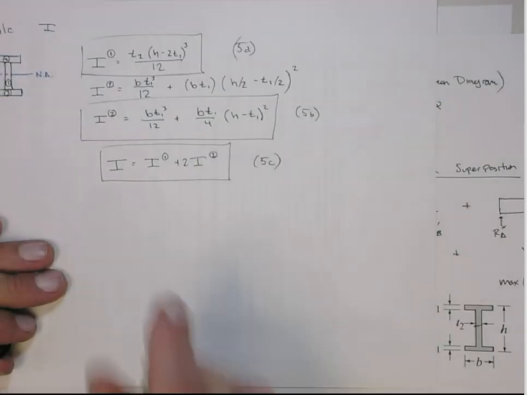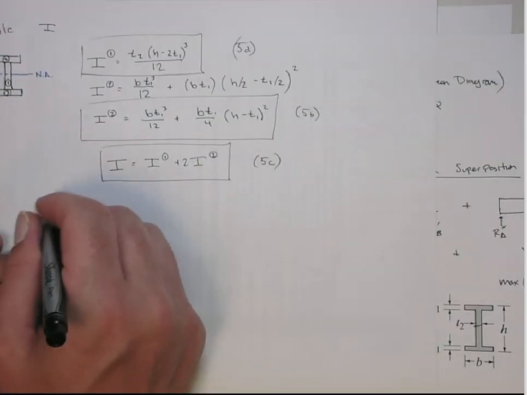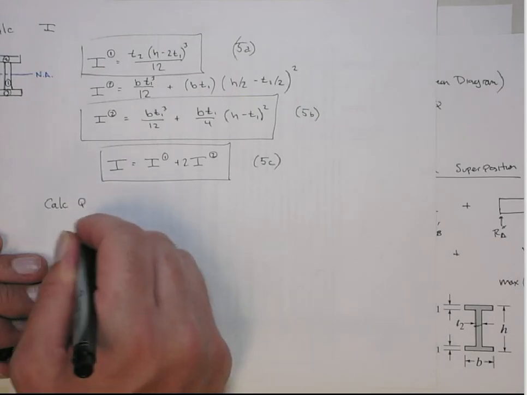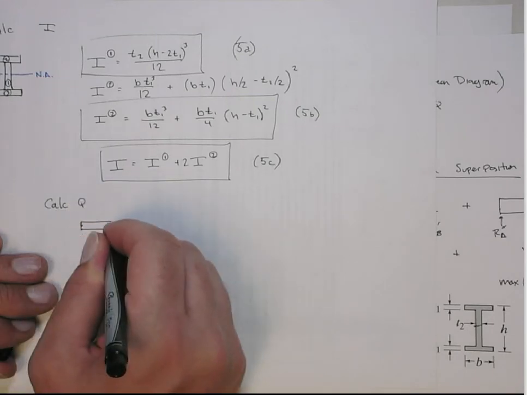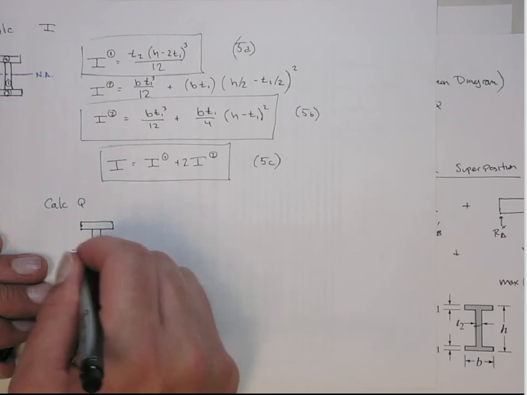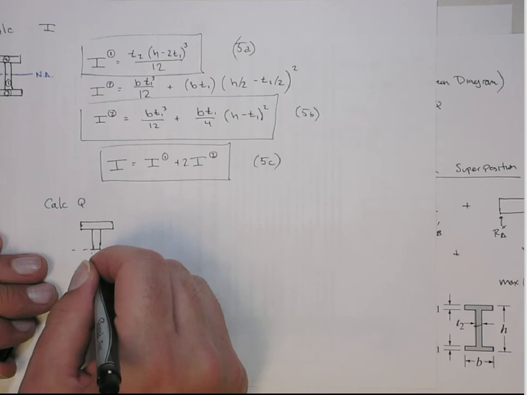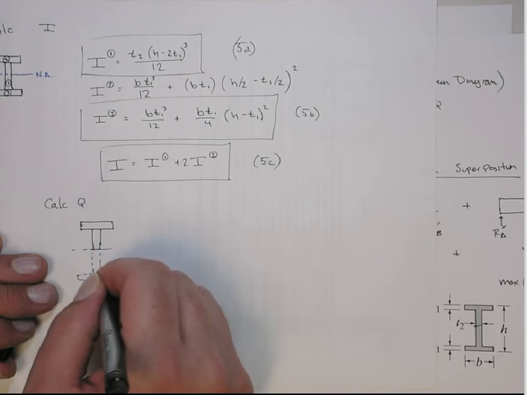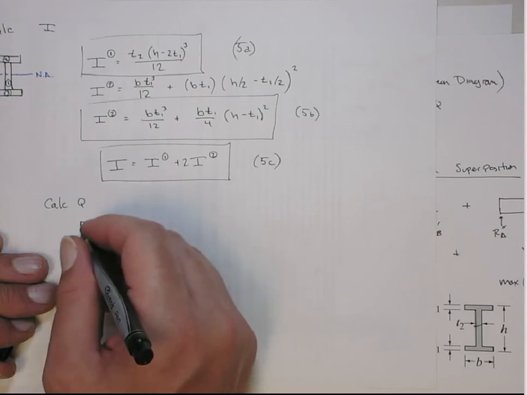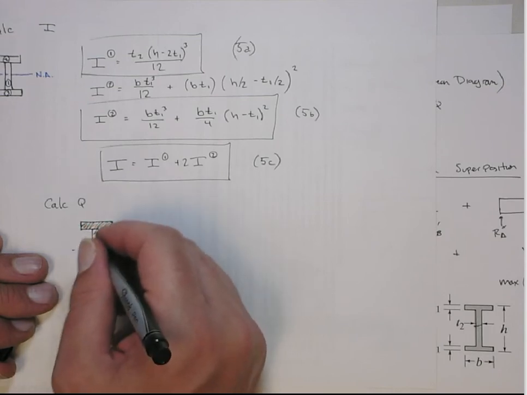Now we need to compute Q, right? And this is going to be the Q just of the top half, because the problem wants you to find the maximum transverse shear, which is always going to occur at the midplane here. So it's the Q of this composite section, okay?